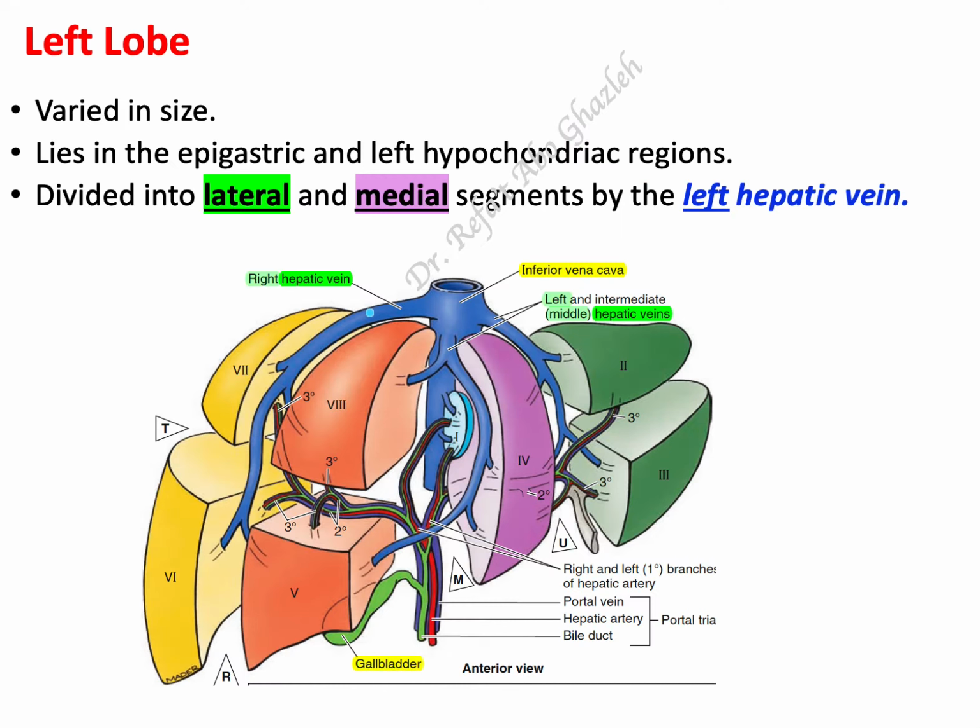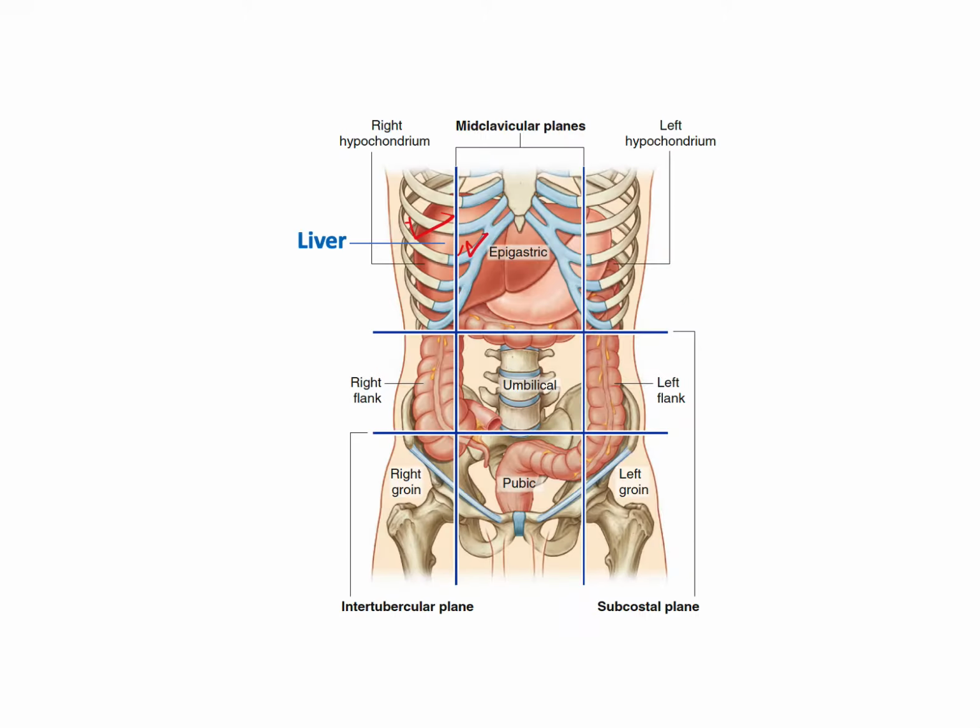Now, what about the left lobe? Okay, functionally, this is the left lobe. It varies in size, and mainly it's located in the epigastric region and extends a little bit to the left hypochondrium.